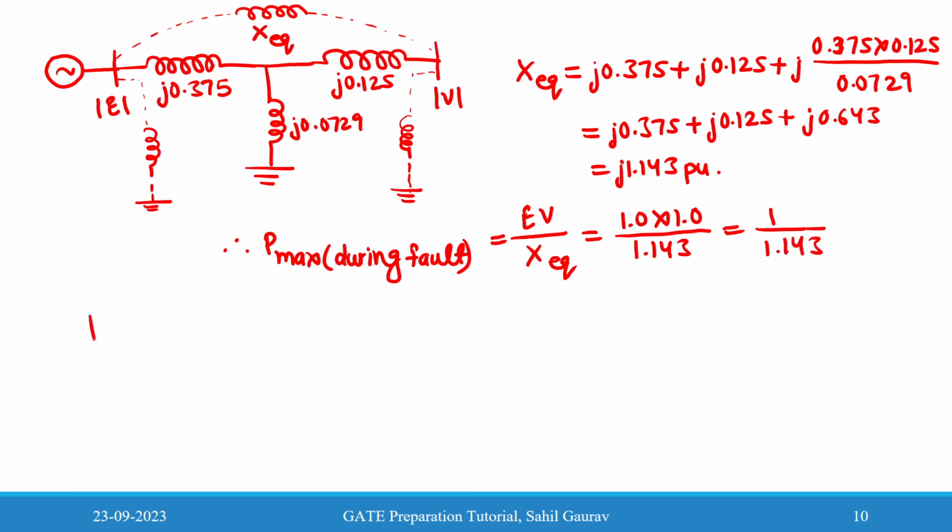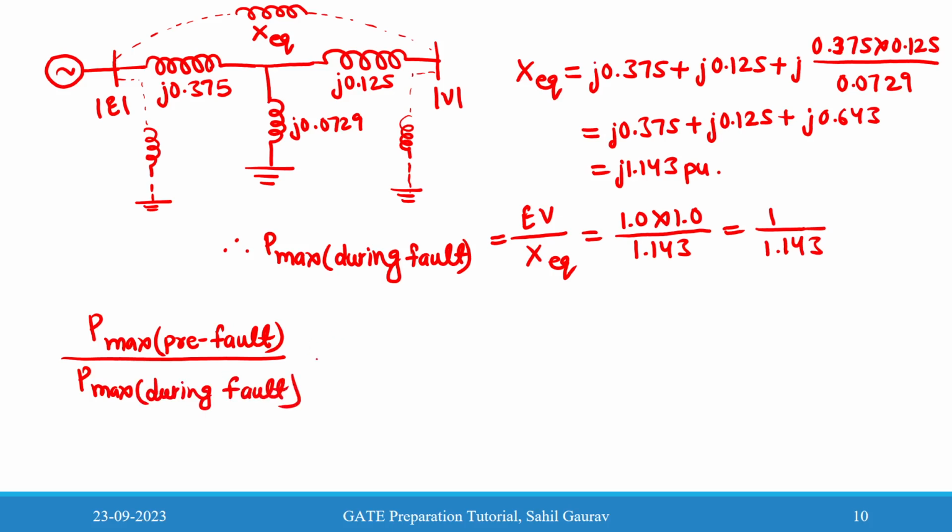So here in this problem we have to calculate the ratio, P maximum divided by P maximum during fault. Before fault we can see that 2 per unit power we can pass, and after fault the maximum power reduces, as we know a fault is occurring.